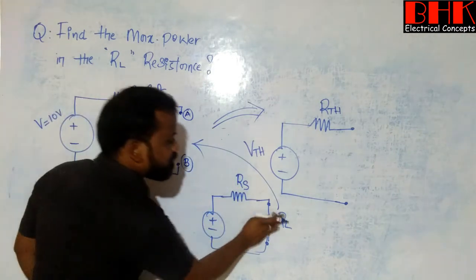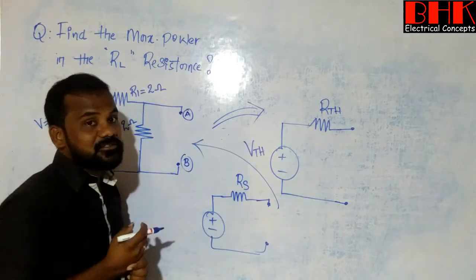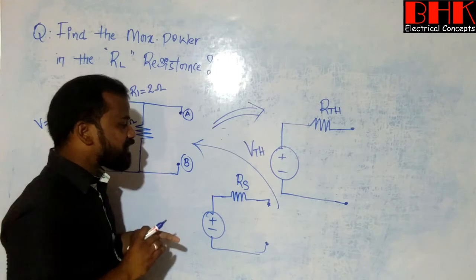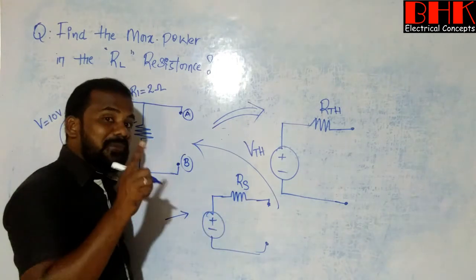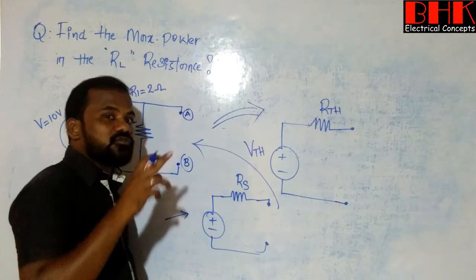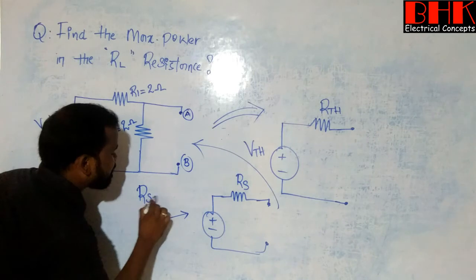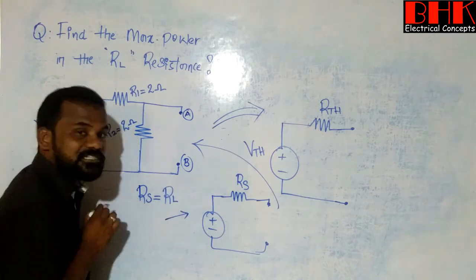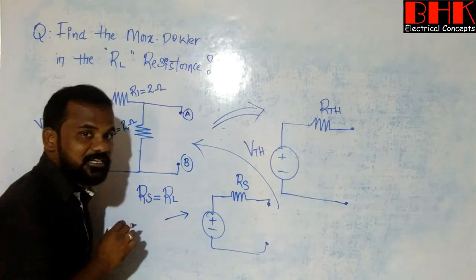We need to disconnect this load resistance, then these two circuits look the same. To transfer maximum power from source to load, we need one condition: the source resistance must be equal to the load resistance.